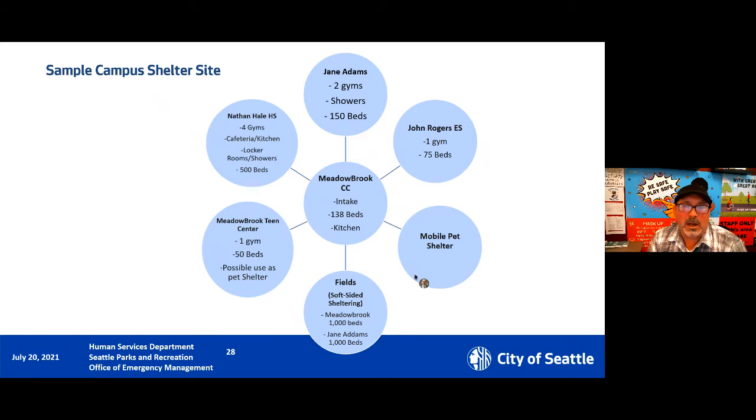Now going clockwise in kind of like the 2 o'clock position, we've got John Rogers Elementary School that has 1 gymnasium and can host 75 beds. Down at the 4 o'clock position, we have a site that can host a mobile pet shelter. The 6 o'clock position are ball fields that we can set up some soft-sided sheltering, kind of like tents.